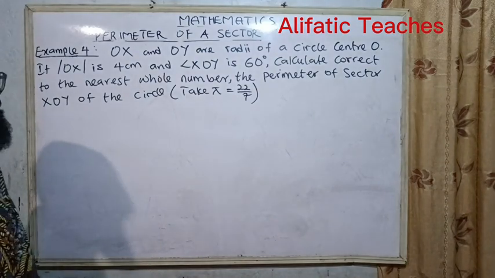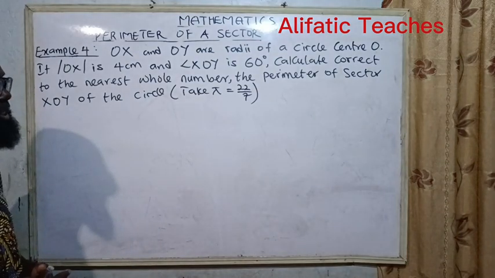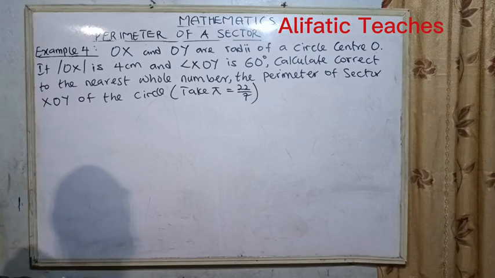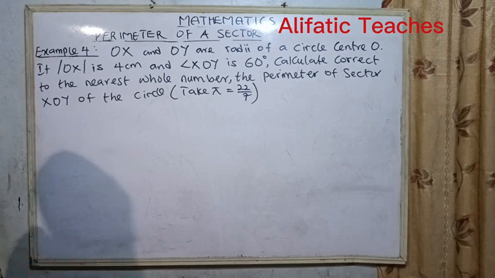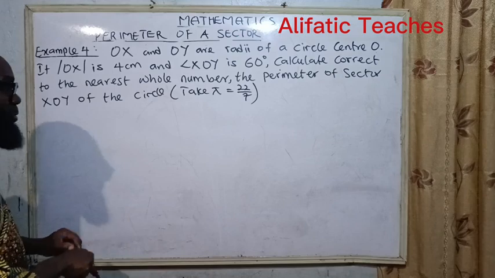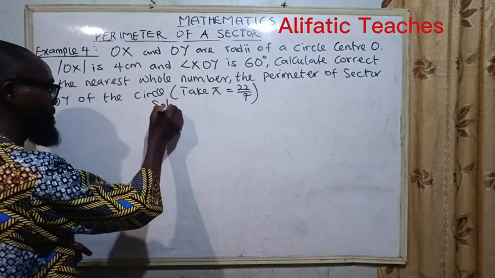OX and OY are radii of a circle center O. If line OX is 4 cm and angle XOY is 60 degrees, calculate correct to the nearest whole number the perimeter of sector XOY of the circle. Let's draw out this circle.